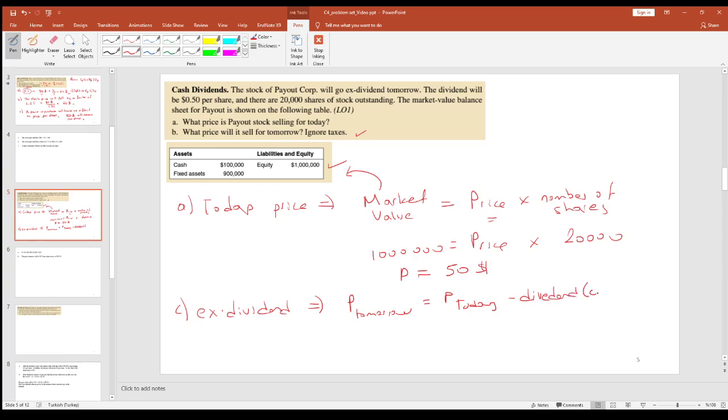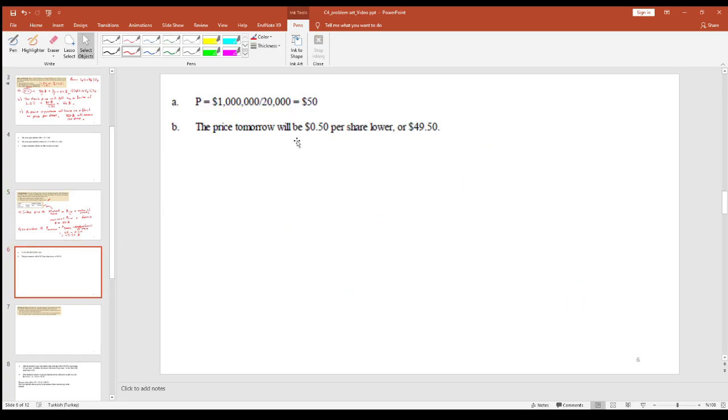This is the cash dividend per share, do not forget. So 50 minus 0.50 will be $49.50 per share. Do not forget we ignore taxes. Well, we will see the impact of taxes in the forthcoming problem. So this is your solution.